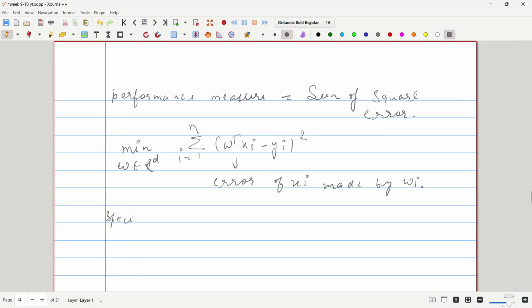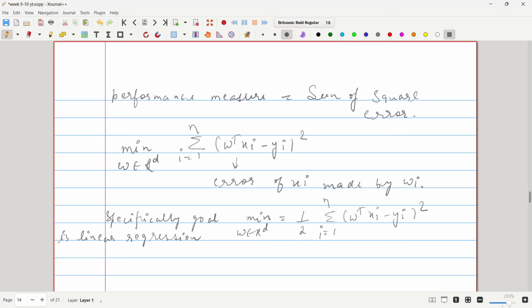And specifically, the goal is linear regression. So to minimize it, it is represented as 1 by 2 summation of i from 1 to n, (w transpose x_i minus y_i) whole square. Okay.